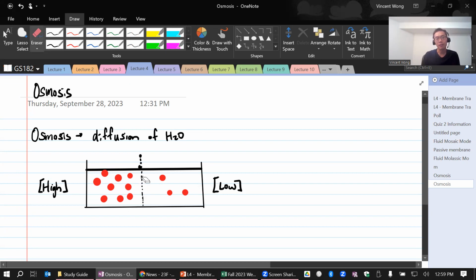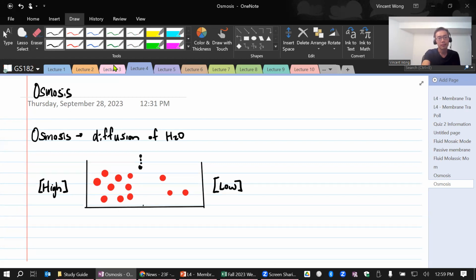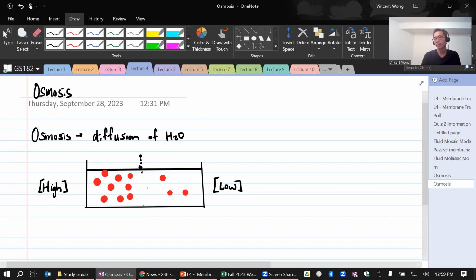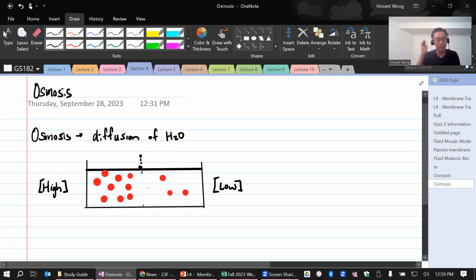Now, if I remove the barrier, you don't have to erase yours, okay? If I remove the barrier, which way will the red circles go? To the right. There's no trick question. This just goes to the right. That's called diffusion.